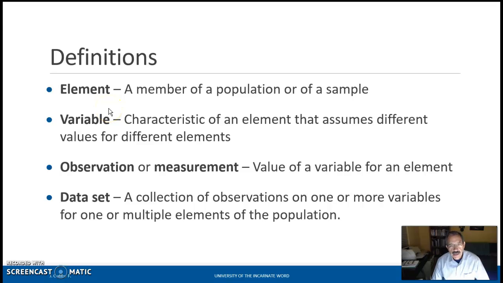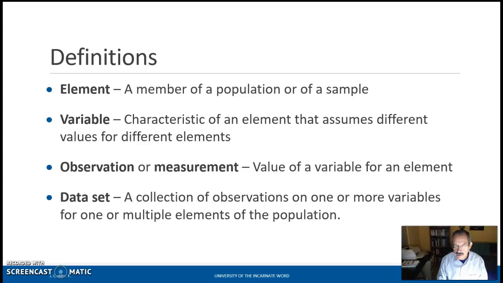The characteristic that we measure on these individuals that we took from the population or from a sample, we call it the variable. When we measure, for example, the first element in the sample, let's say we measure their weight.